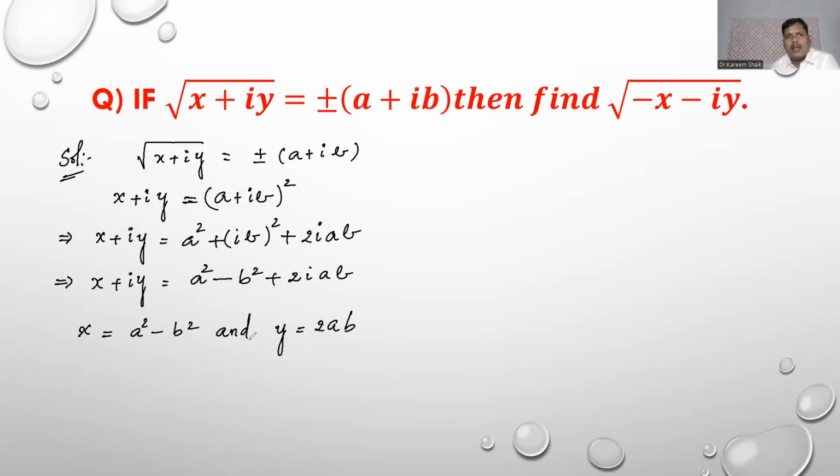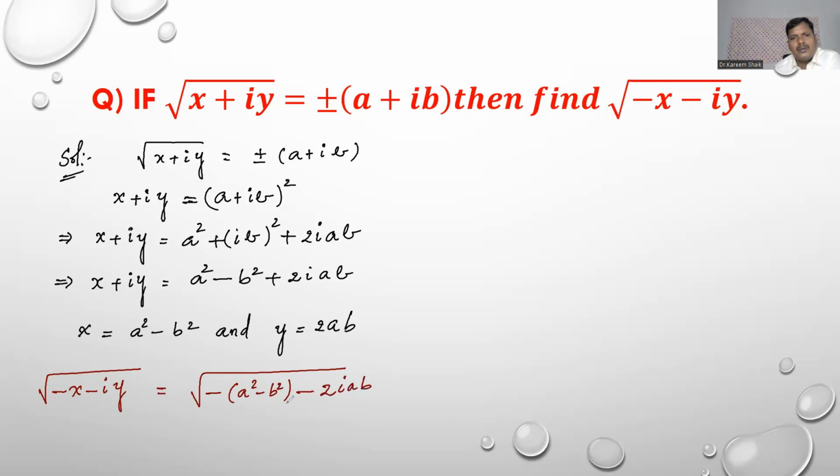Now we have to find out the value of square root of negative x minus negative iota y. Replace the values. Square root of negative of, what is the x value? a square minus b square, minus 2 iota ab, since the y value is 2ab.